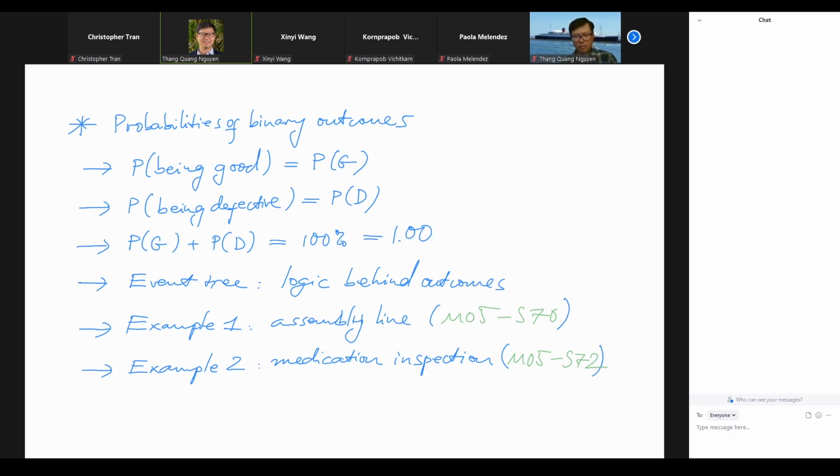So that's that, or those are the two examples that we are talking about next. And these two examples will help you with question 24 in the homework, right? So let me show you the first one.